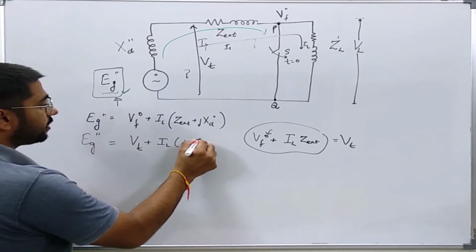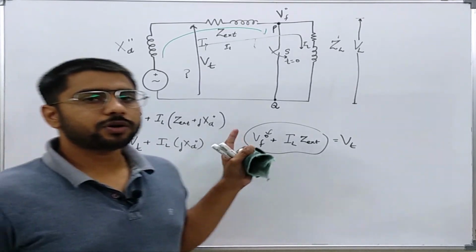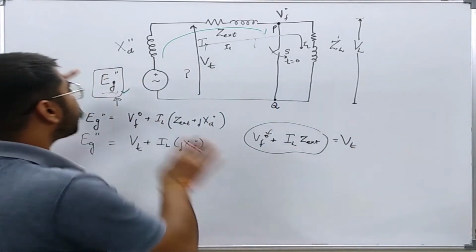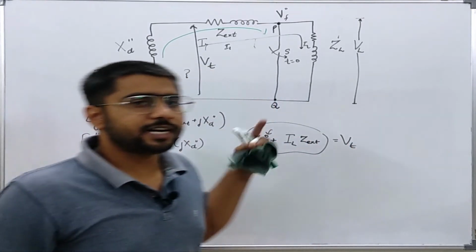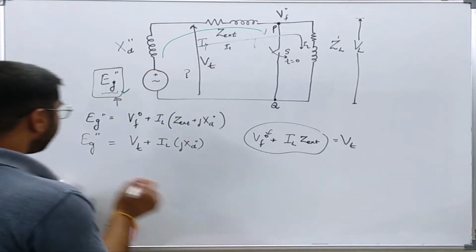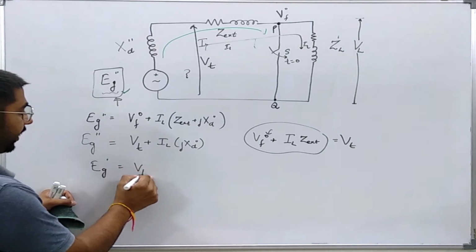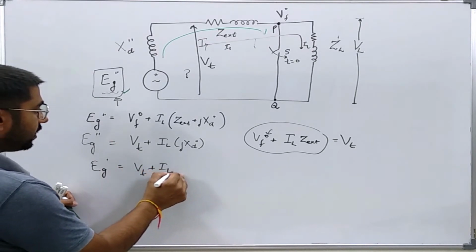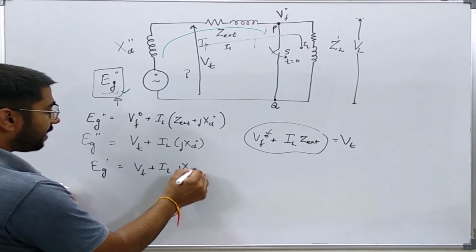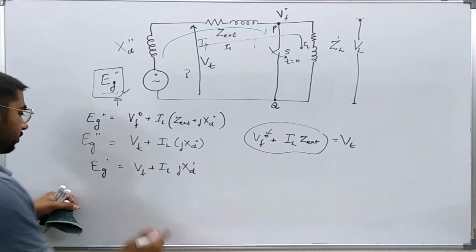Similarly, if we want to determine the equivalent network of the synchronous generator in the transient period of the fault, then I will just write it as EG dash is equal to VT plus IL JXD prime, that is the transient reactance will be used.